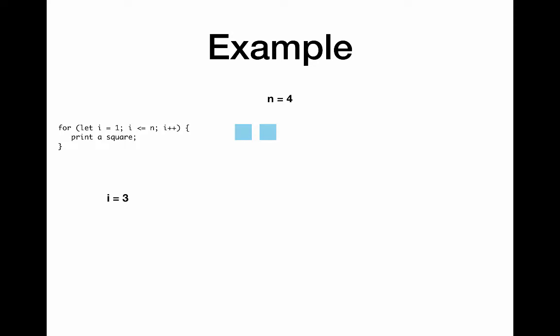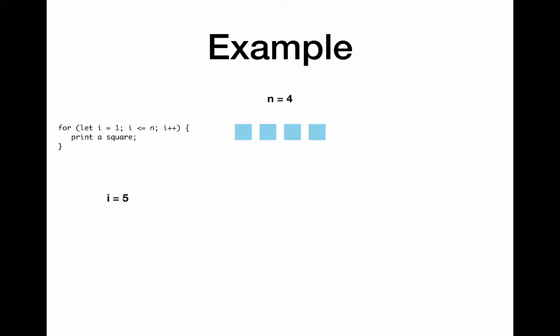That means 3 is less than or equal to n. Jump in again, print a square. Now, i plus plus brings i up to 4. 4 is still less than or equal to 4, so we print a 4th square. We i plus plus at the end of the loop. i is now 5.